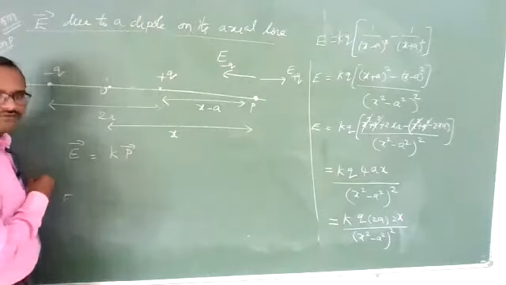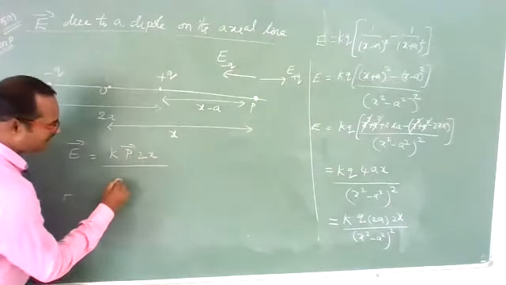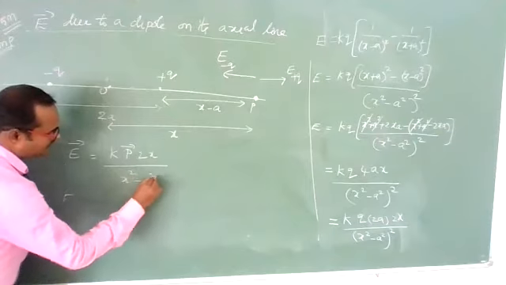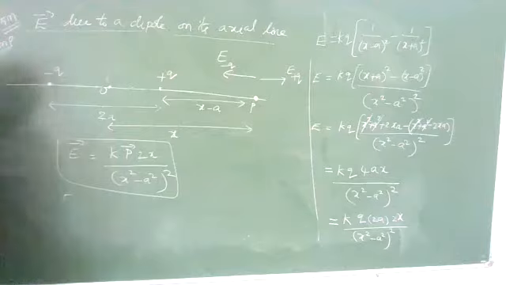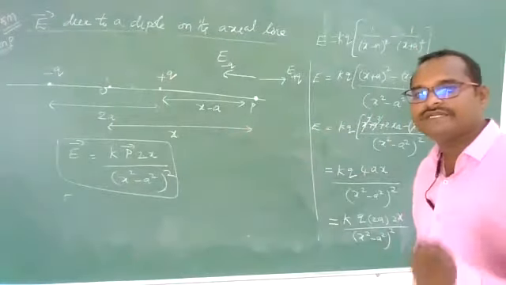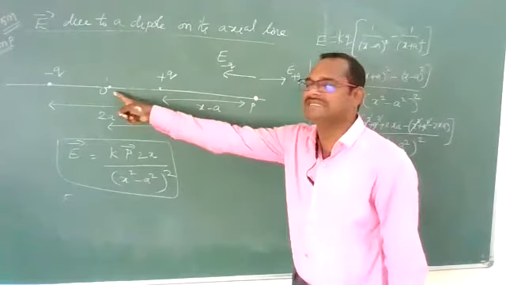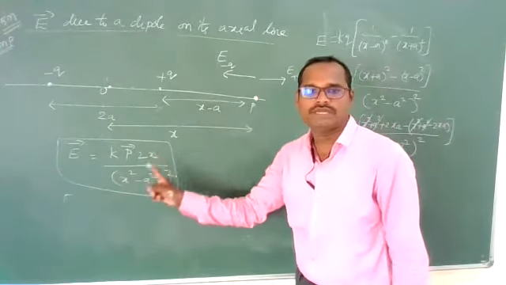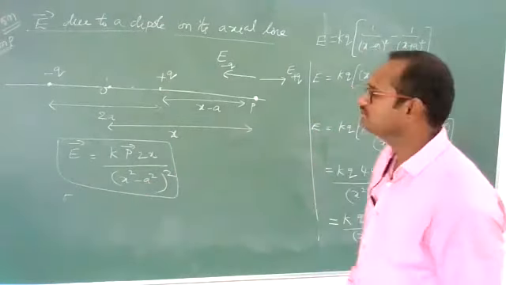So this is also a vector, into 2x divided by (x square minus a square) whole square. You need to remember this formula. Electric field due to a dipole on its axial line at a distance of x from the center is 2kpx divided by (x square minus a square) whole square.